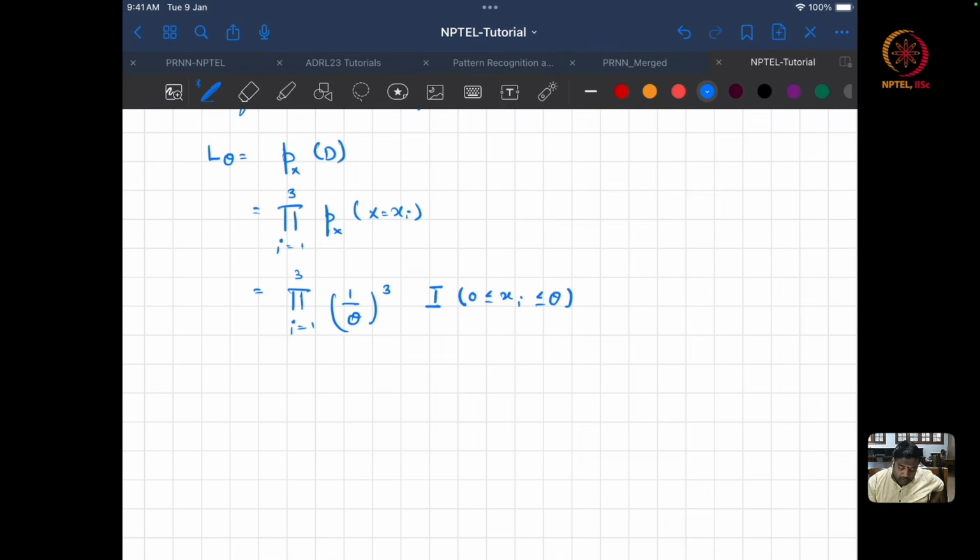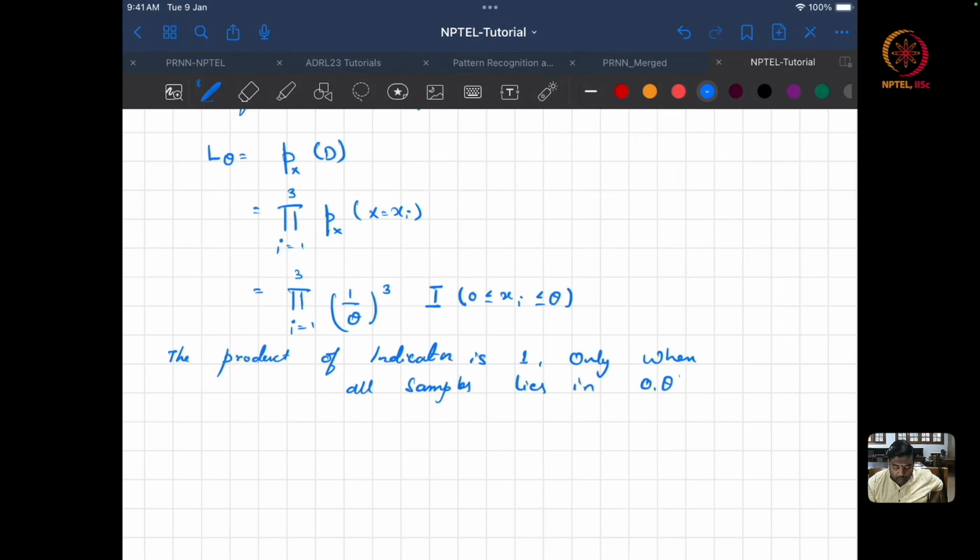So now let's write that the product of these indicators is 1 only when all samples lie in the range 0 to theta.